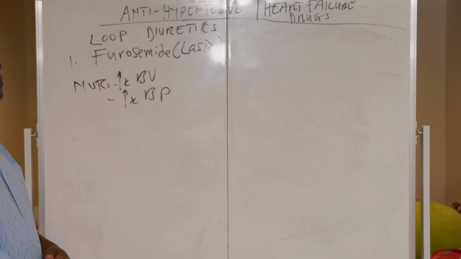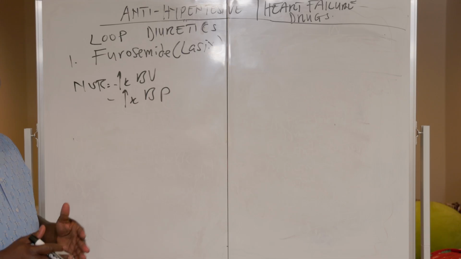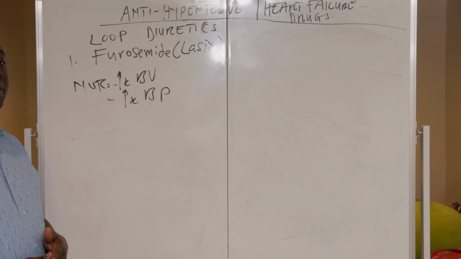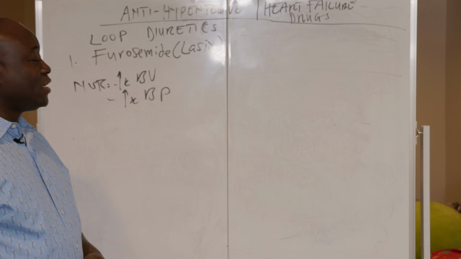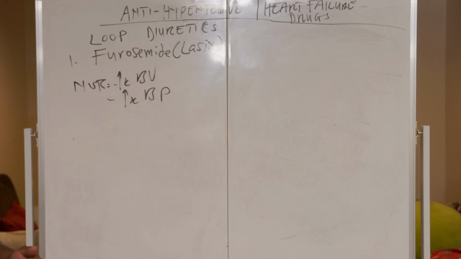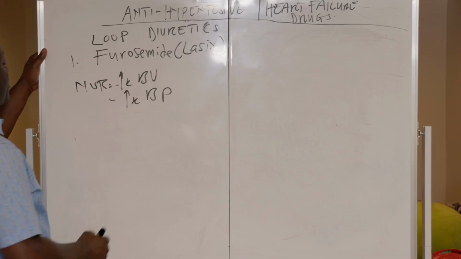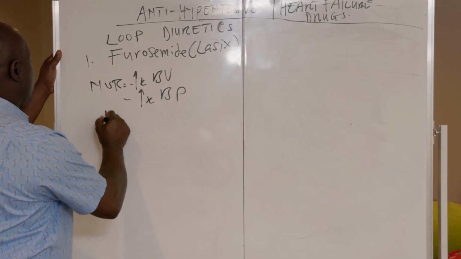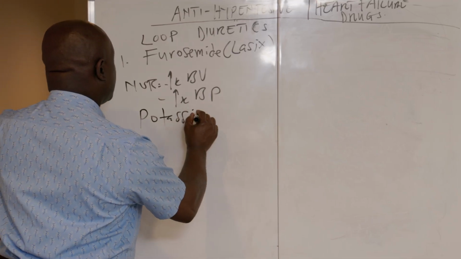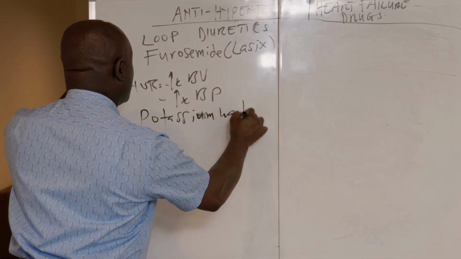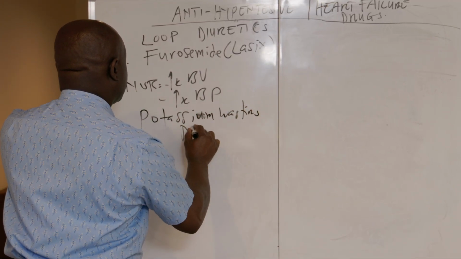Now, since loop diuretics basically cause patients to pee, they might ask you in the exam what time of the day is the best for the patient to take loop diuretics. Obviously, it's got to be during the day, because if the patient takes loop diuretics at night, it could disturb the patient's sleep. Now, loop diuretics, for example furosemide, are potassium-wasting diuretics.